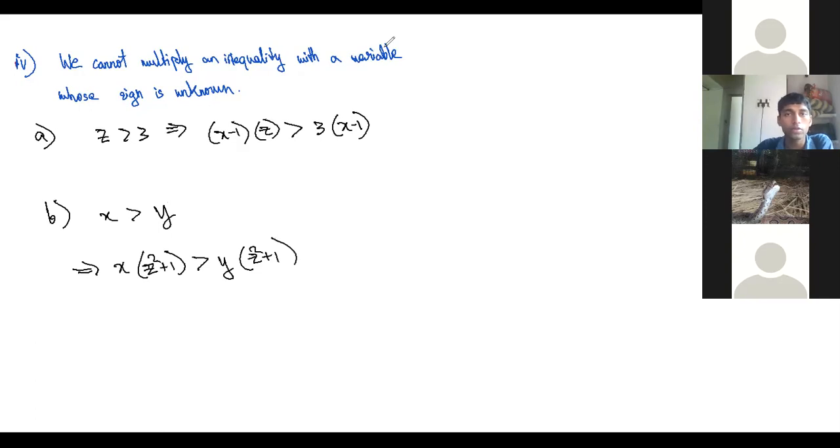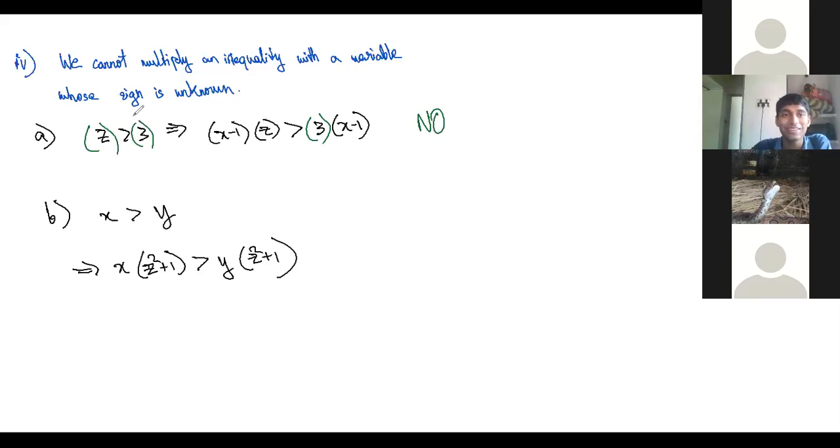Okay, let us just look at these 2 examples. Now the first example is telling if z is greater than 3, can we say that (x minus 1) into z is always greater than 3 into (x minus 1)? It depends on whether the value of x minus 1 is positive or negative.